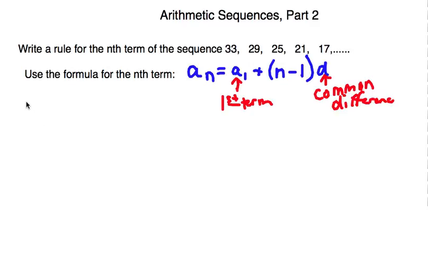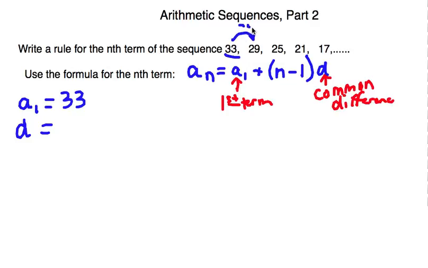So first we have a sub 1, that's our first term, and that's going to equal 33. Now we need to figure out what our d is. That's our common difference. We're decreasing here, and what are we decreasing by?